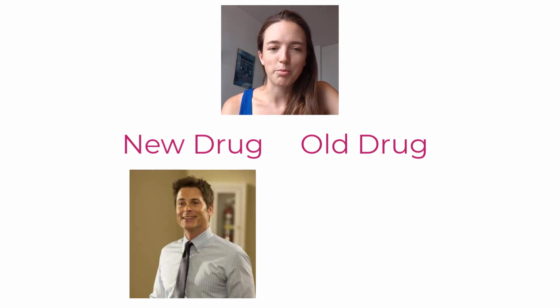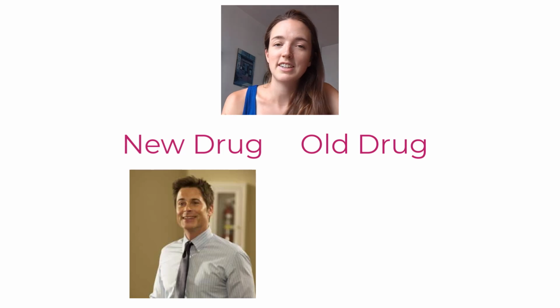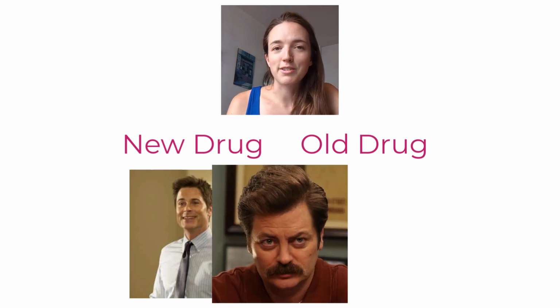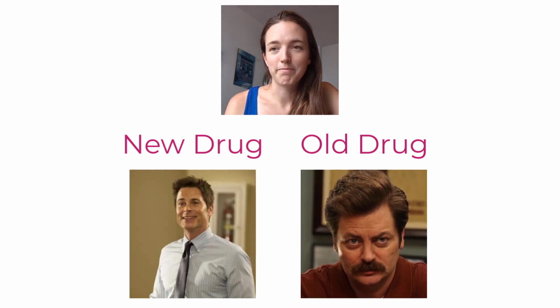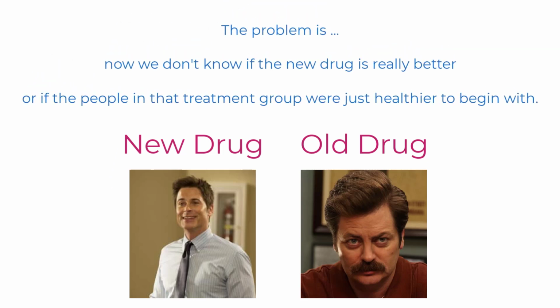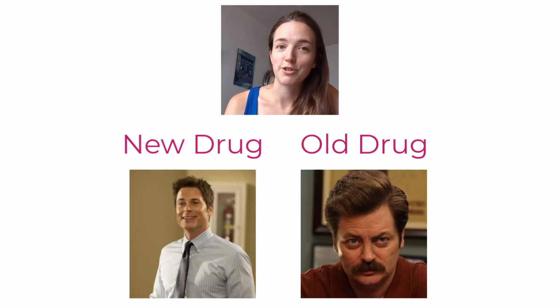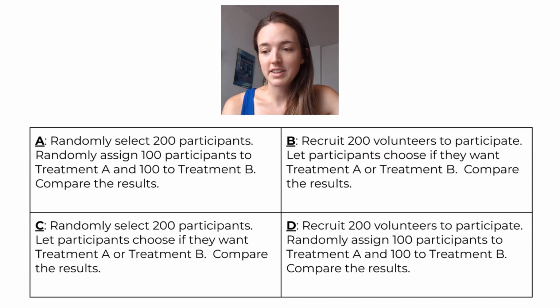So you might end up with the new drug only being administered to people who exercise and eat healthy and do research about how to keep their blood pressure down. And the people who don't do all those things end up taking the old drug. So in general, you want to randomly assign participants to your 2 treatments. Okay, so A is definitely the best. I would say B is probably the worst.